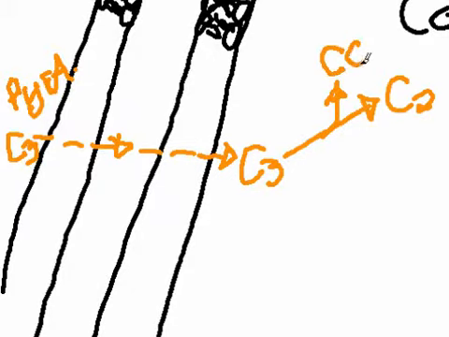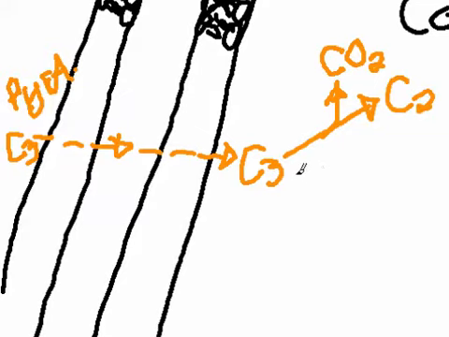And the first reaction it goes through is it gets converted to a 2-carbon molecule by losing a carbon as carbon dioxide. That 2-carbon molecule is called acetyl-CoA.